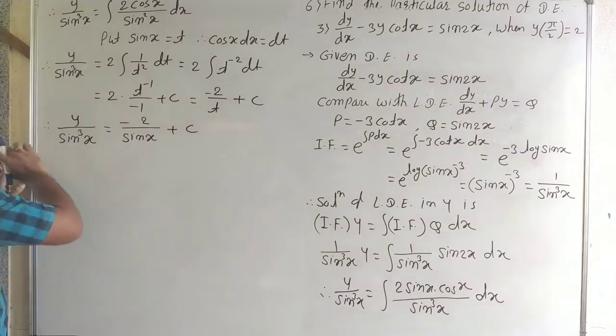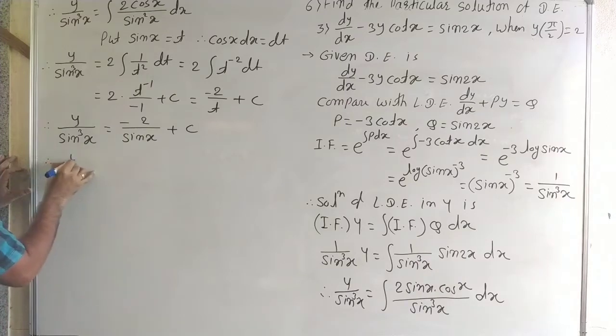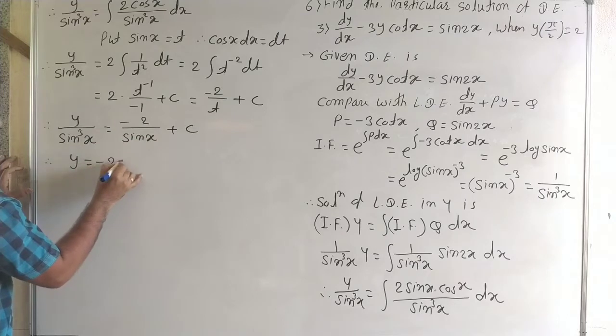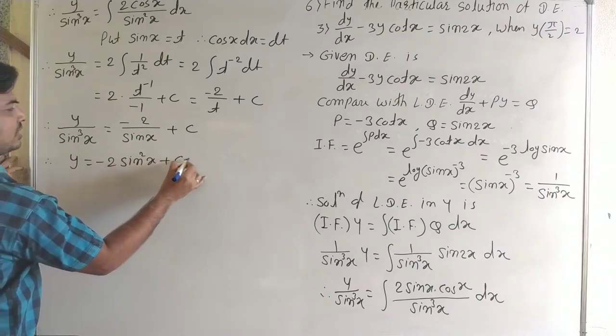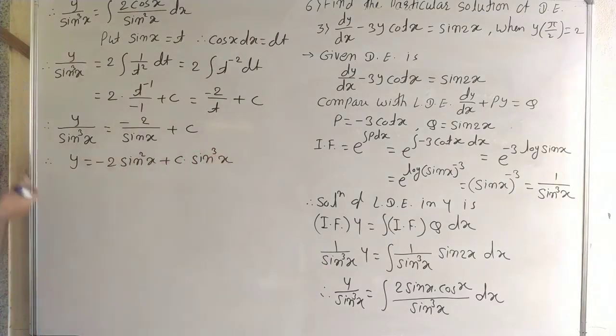Okay, here we multiply by sin cube x, and we get y is equal to minus 2 sin square x plus c into sin cube x. Here is the general solution of the differential equation.